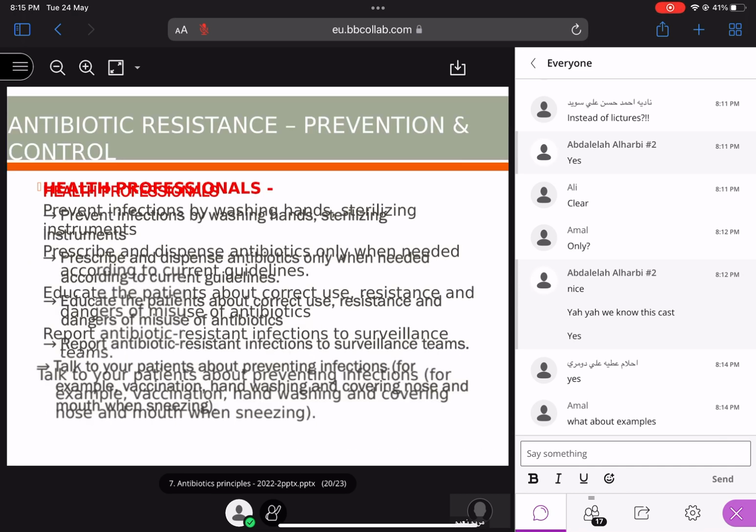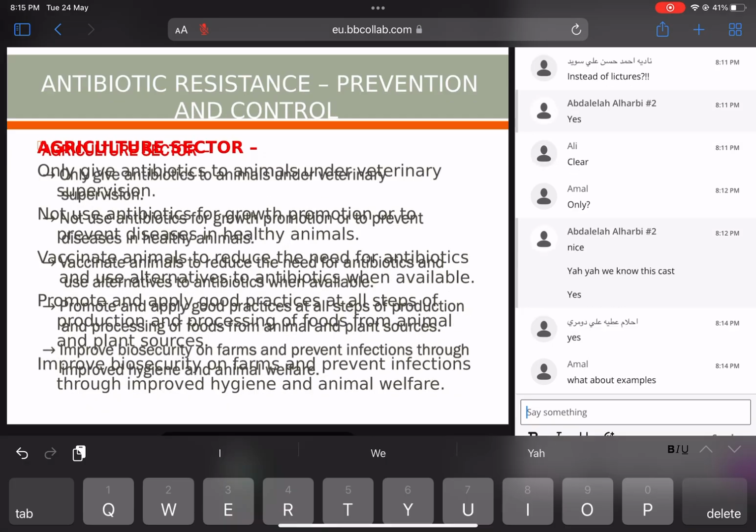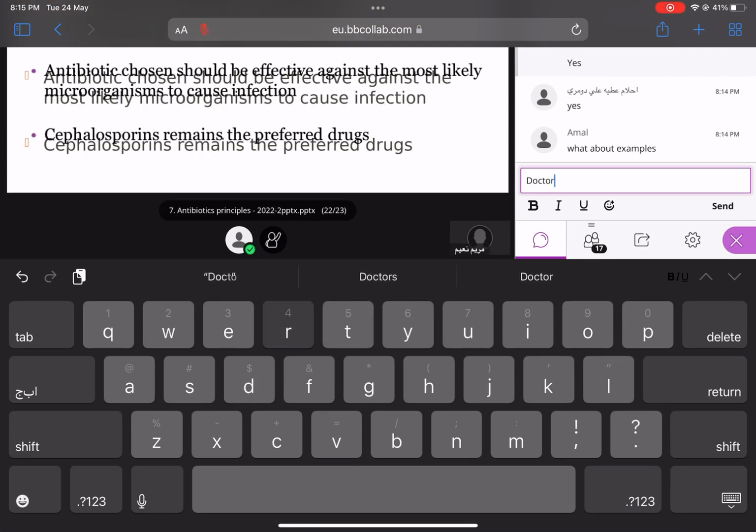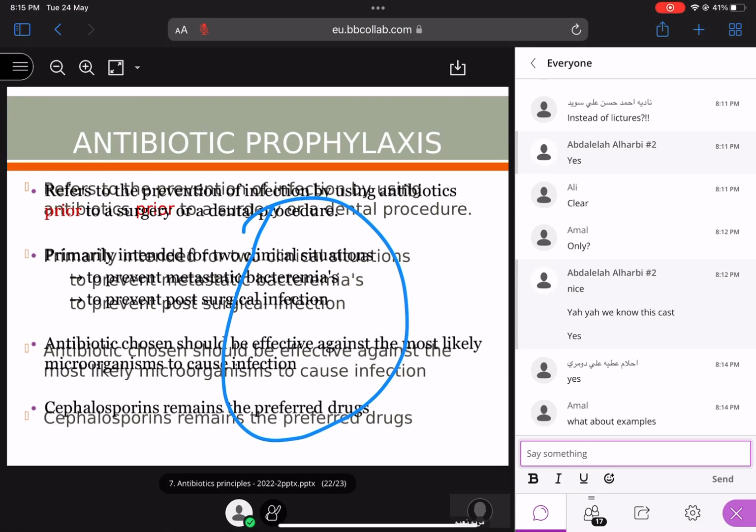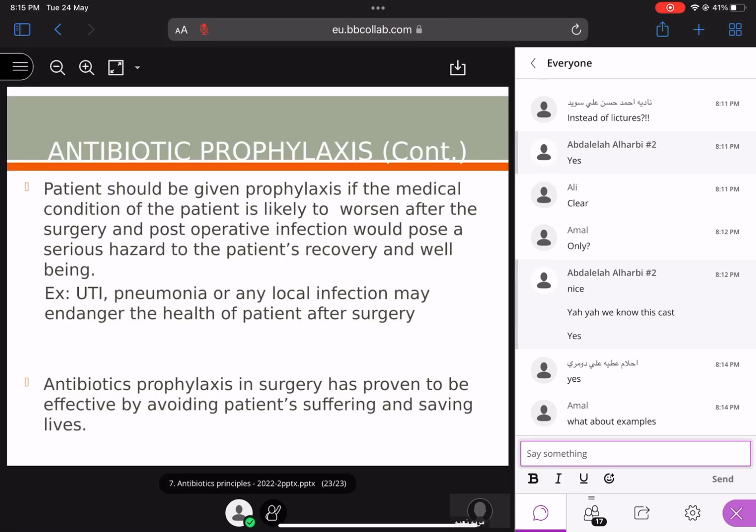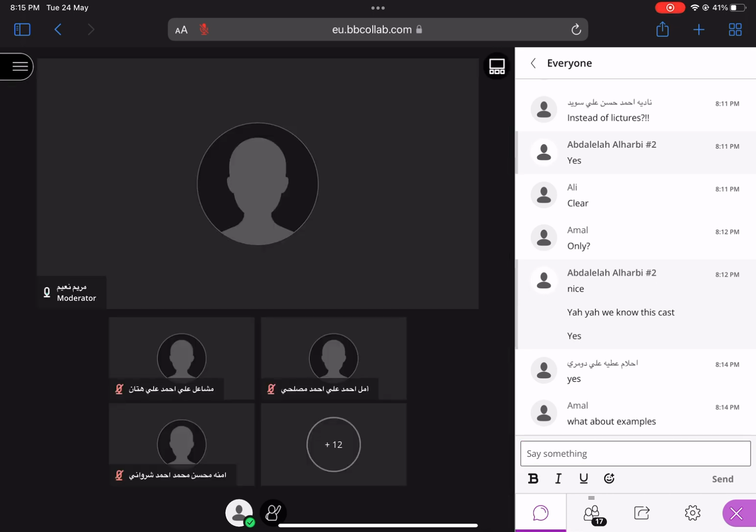How can it be prevented? Antibiotic prophylaxis. What is prophylaxis? Which drugs are mostly preferred for prophylaxis? Okay, this is for antibiotic introduction. So this is done.